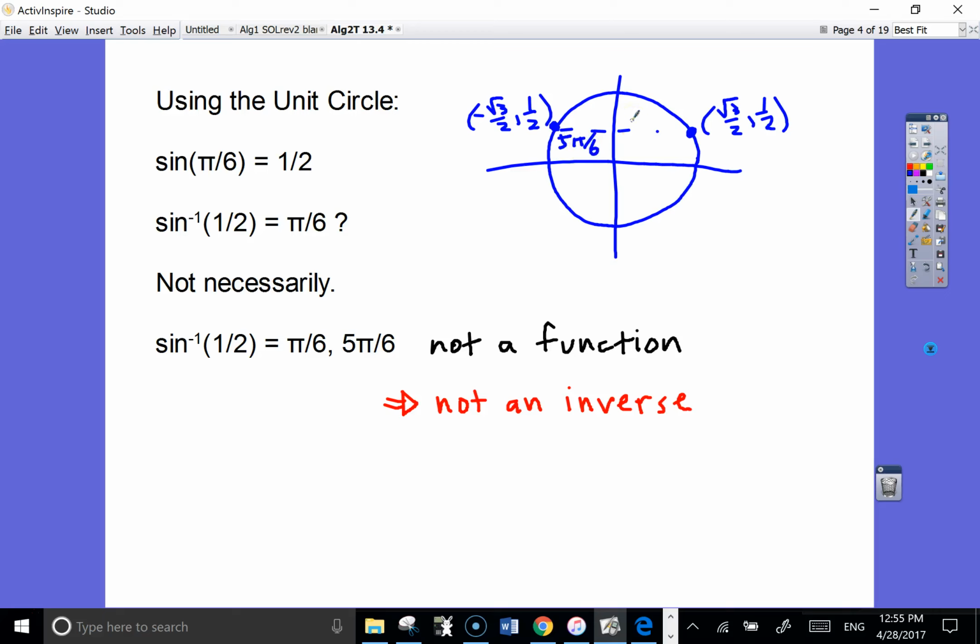So just like with f of 2 is 4, but f minus 1 of 4 is plus or minus 2 with the x squared, the same thing happens here. Sine inverse of a half would be either pi over 6 or 5 pi over 6, which would tell you that the sine function does not have an inverse because of what happens when you take the sine inverse.